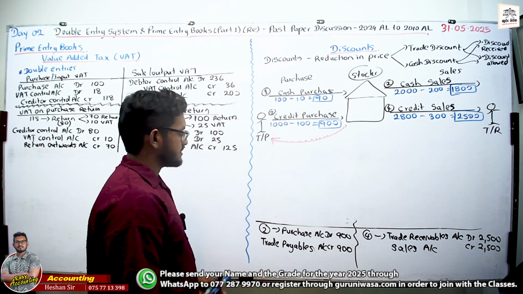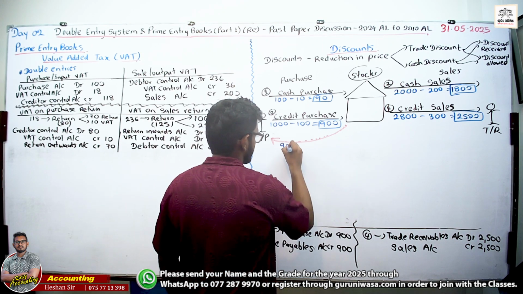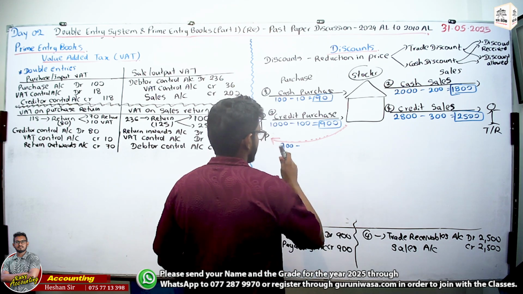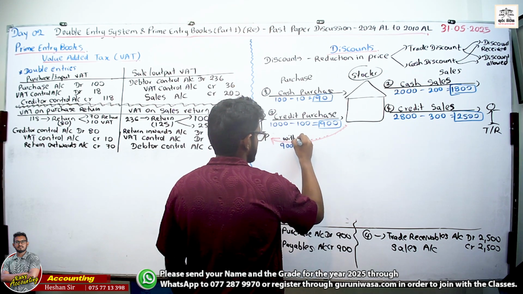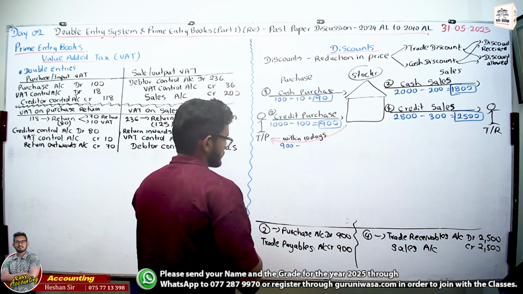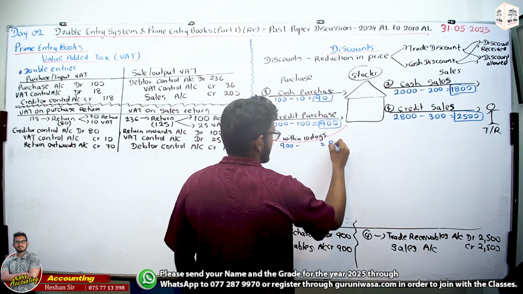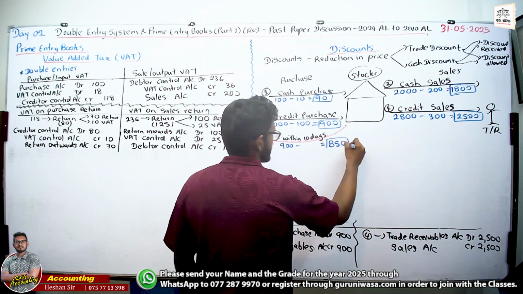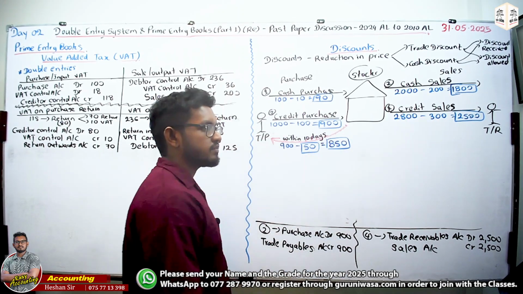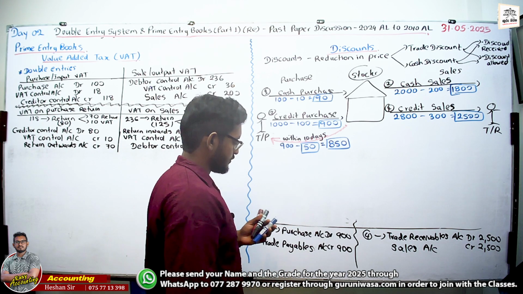He made a condition: you purchase 900 worth of goods, if you pay within 10 days, you only need to pay 850. Means further deducting 50. If you pay within 10 days, you only need to pay 850, right?